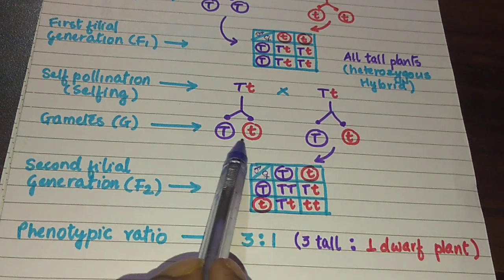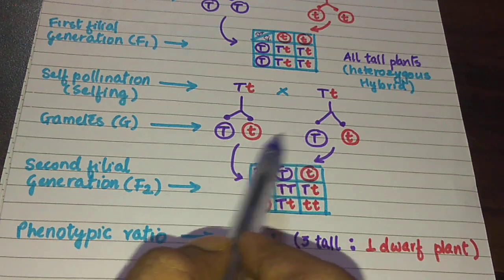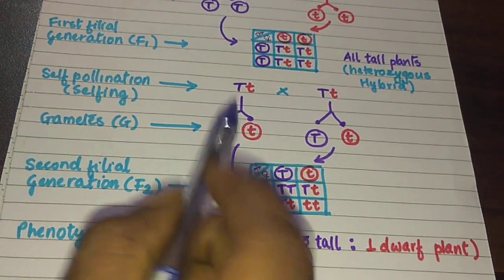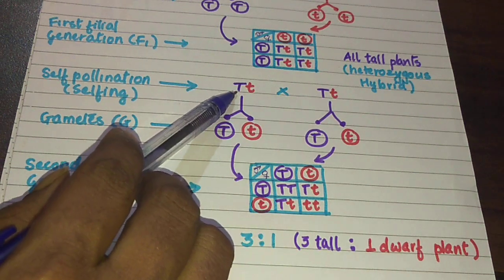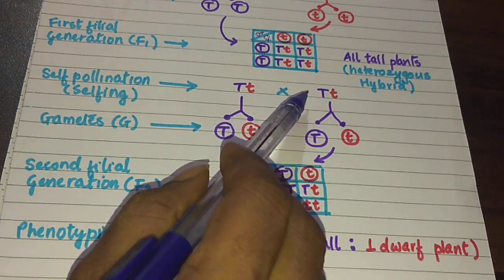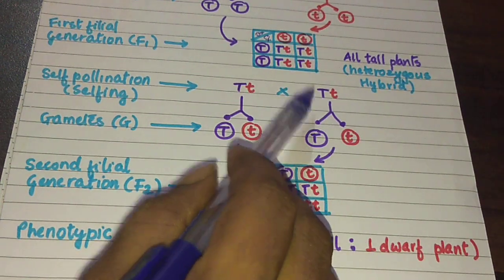Now, one thing we should remember is that there is a 50% chance of the union of gametes. Say, for example, the capital T gamete of this particular plant can fertilize with the capital T of the other plant, or it can fertilize with the small t of the other plant.